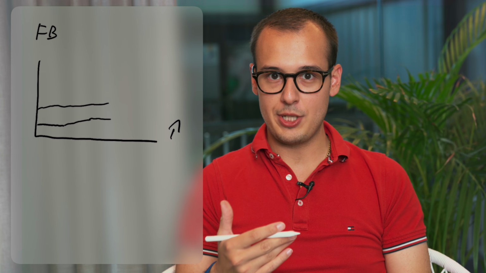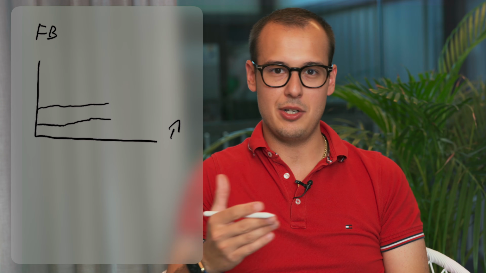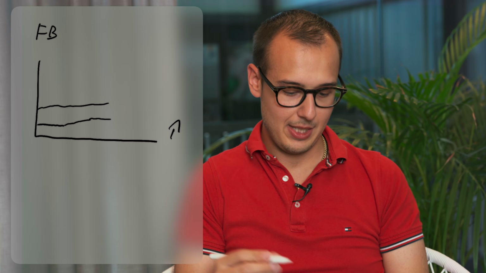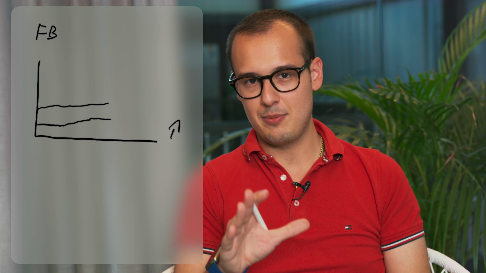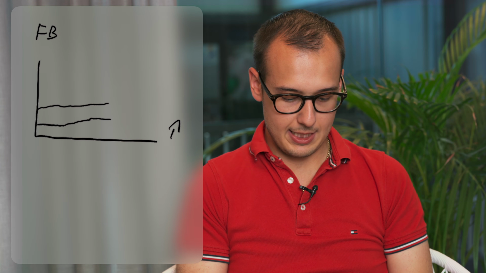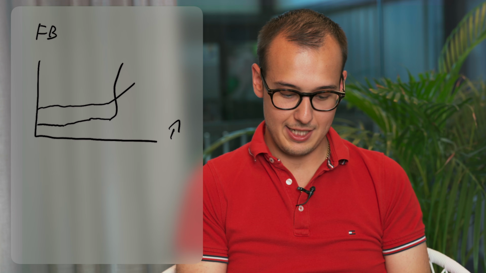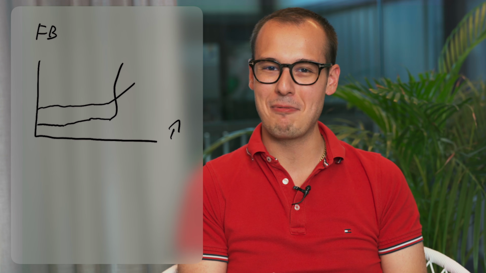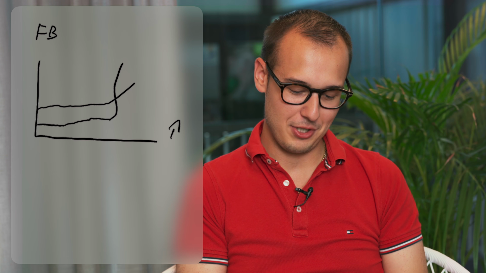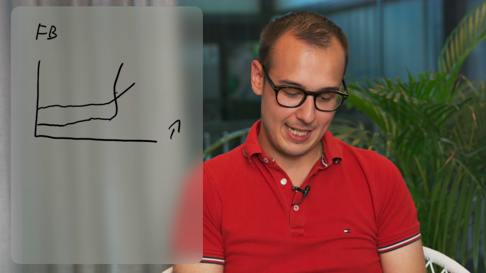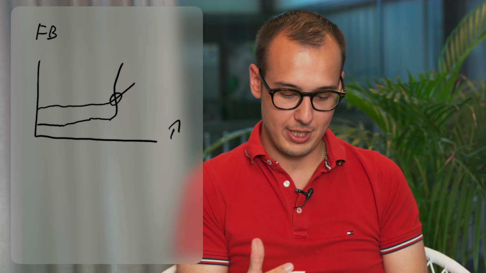Especially when you spend something between 8,000 and 10,000 per day, sometimes a little bit less, you will see that the CPA is exploding and going up. Sorry for my bad drawing, but I think you get the point. It's exploding.